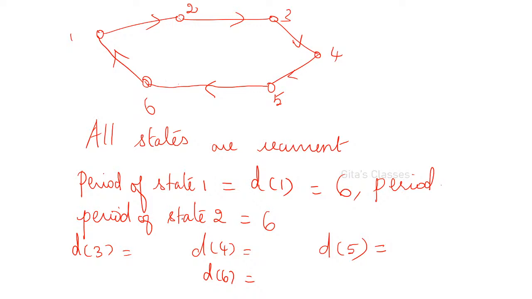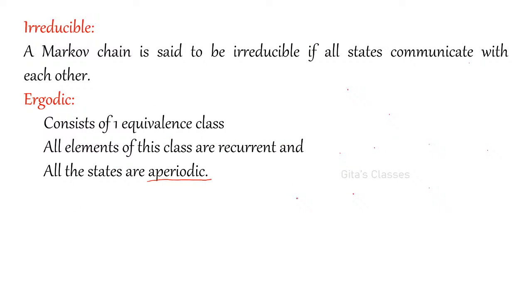The total chain is periodic. That means all the states are periodic. Therefore, it is not ergodic. Only if all the states are aperiodic is it ergodic. For the ergodic condition, all the states should be aperiodic.